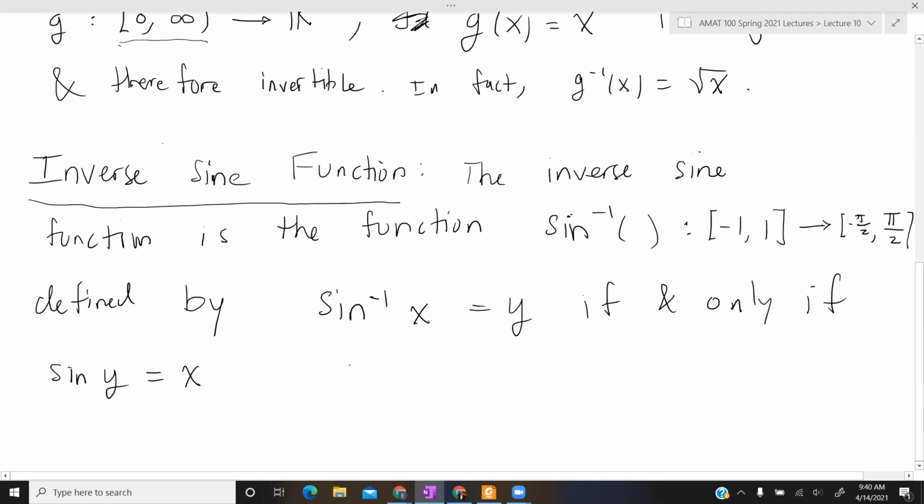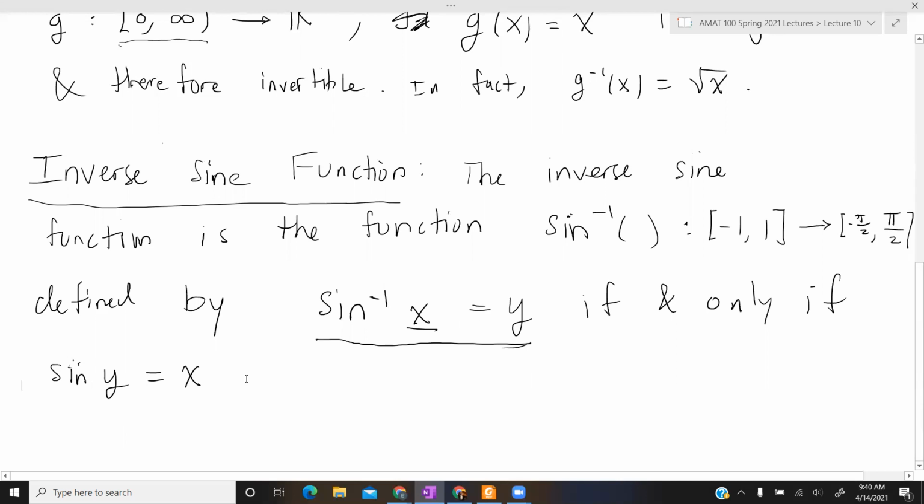Again, a function is a domain, codomain, and a rule. What this says is that the sine inverse rule is defined in terms of the sine function rule. To find out what it does to a given x value, you call that output value y, and then you look at what sine does to y. So sine inverse sends x to y if and only if sine sends y to x. And this is how we get that cancellation property, remember?